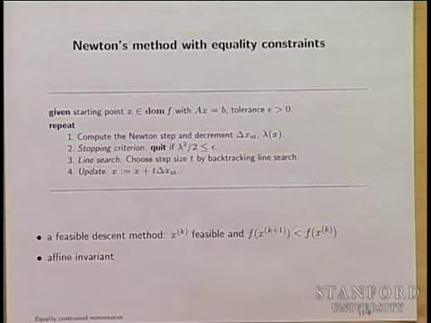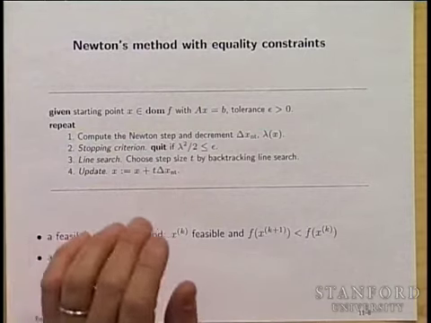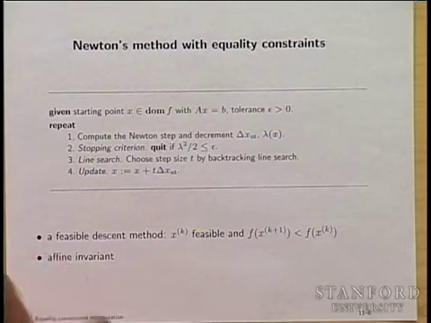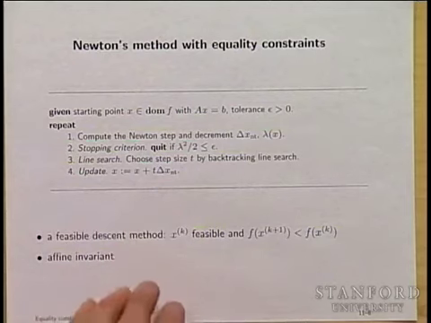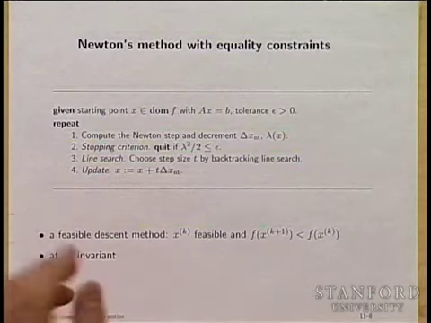And then you update. It's a feasible descent method. It's affine invariant. So you can change coordinates. Makes absolutely no difference. You get a commutative diagram. In particular, scaling has a second order effect on the method. And in fact, if it's all done in infinite precision arithmetic, which it never would be, but imagining that it were, scaling would have no effect whatsoever on the method.